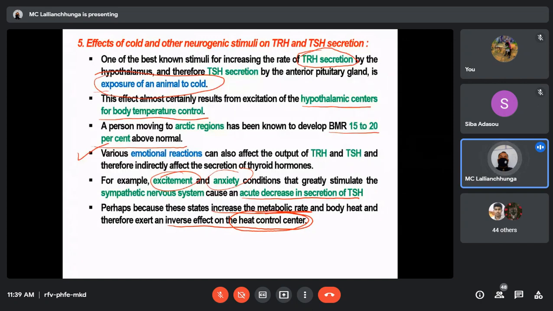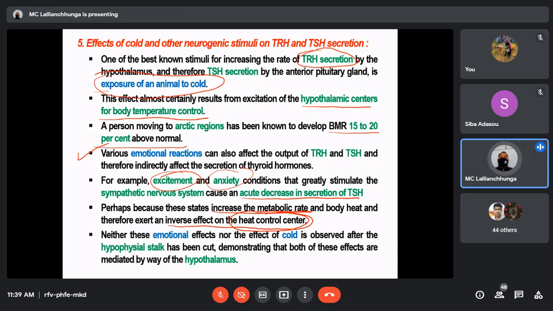So there is no need for more formation of T3 and T4. There will be a negative feedback on the hypothalamus to decrease TRH, so that the body will cool down.